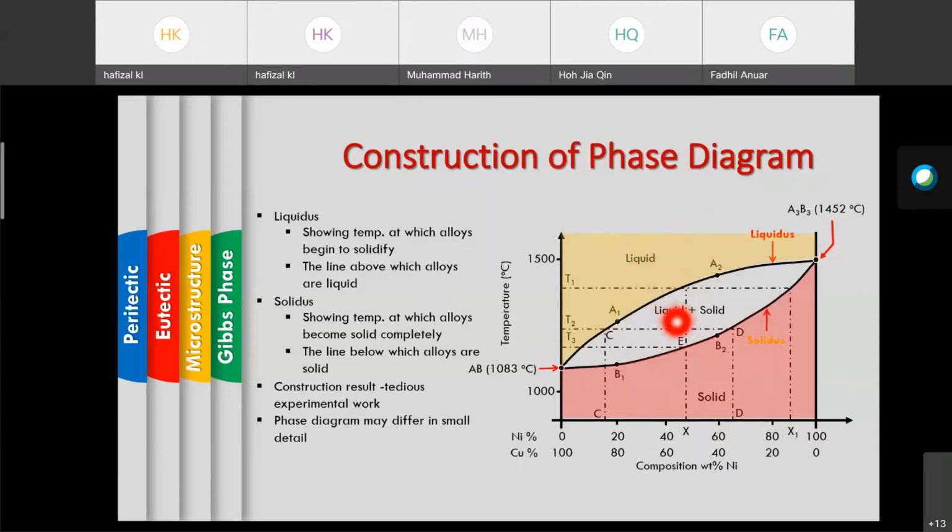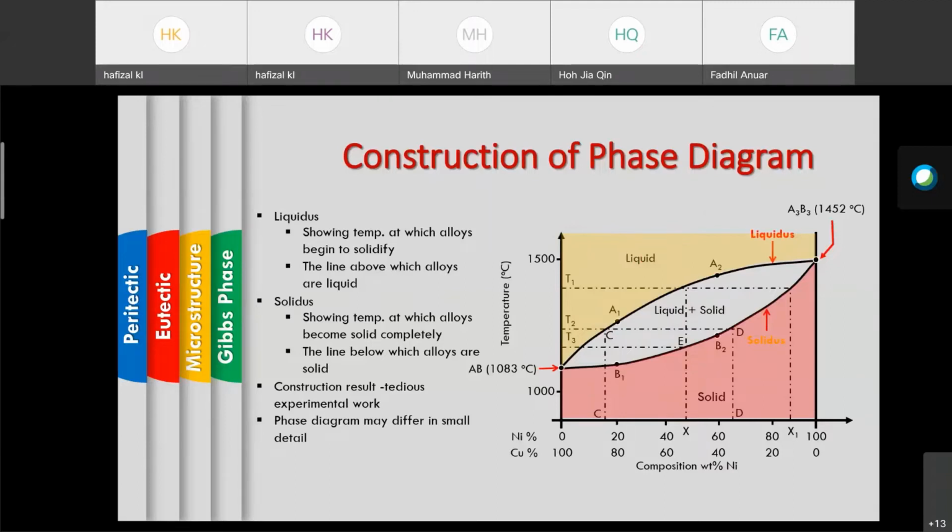Then at the lower temperature, we can see there is 100% solid. So in this case, we can determine the boundary of the liquid and solid, the interface between liquid and solid.